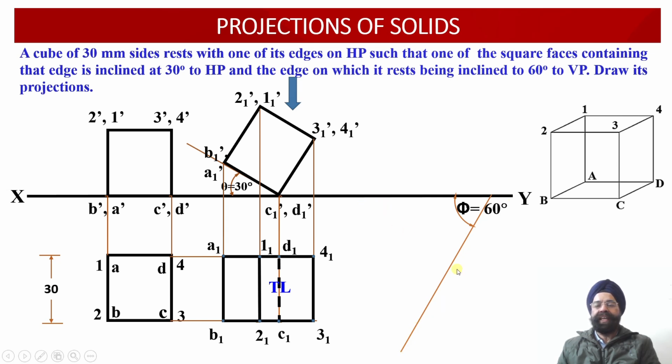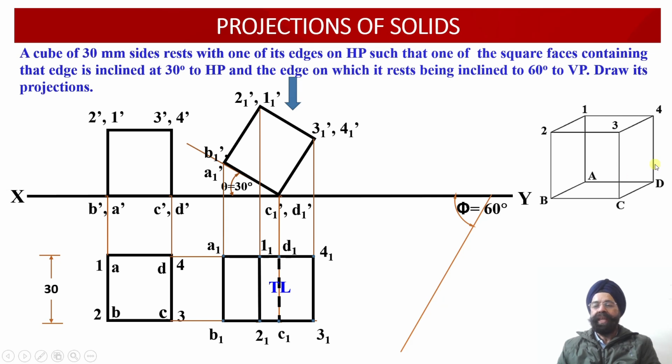So we could have tilted it this way, we could have tilted it this way. So we have chosen that the orientation of this plan projection will be changed in such a way that the C1, D1 edge should be inclined at an angle of 60 degrees with respect to the vertical plane.